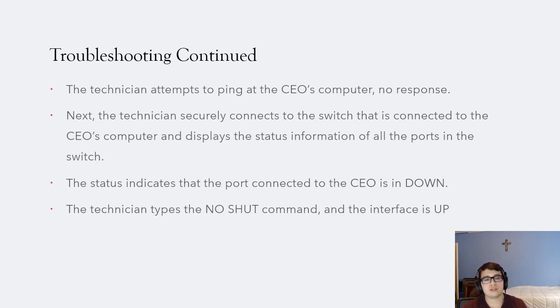Next, the technician securely connects to the switch that is connected to the CEO's computer and displays the status information of all the ports in the switch. And if you don't know, a port is just like a connection for the switch that allows each computer to go through and connect to other things.